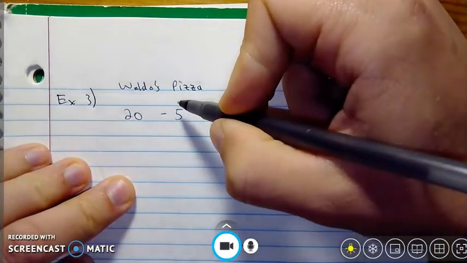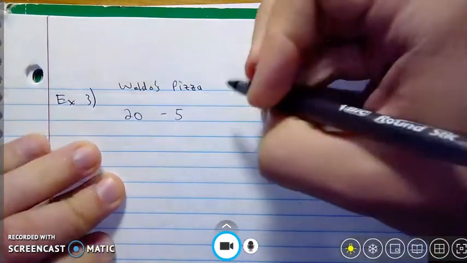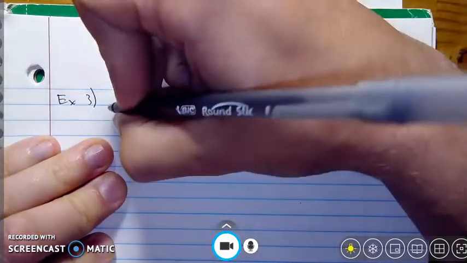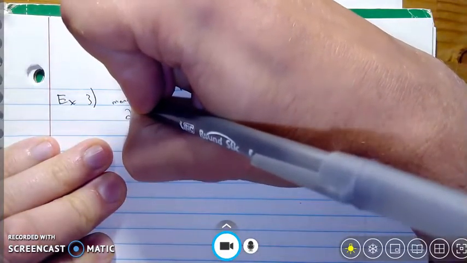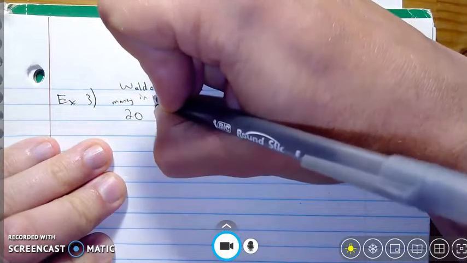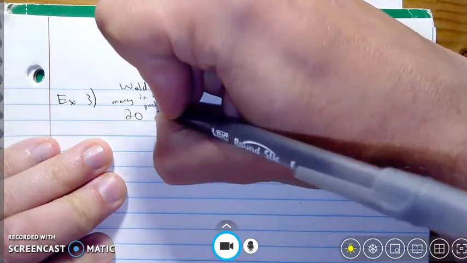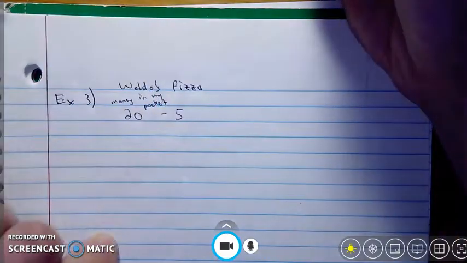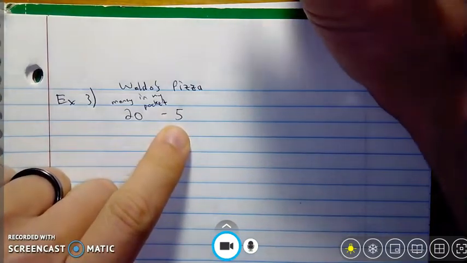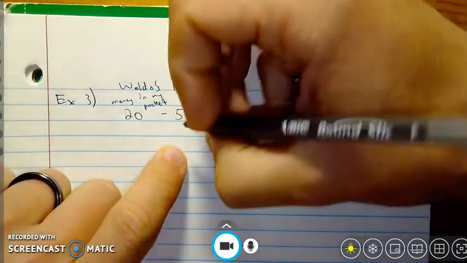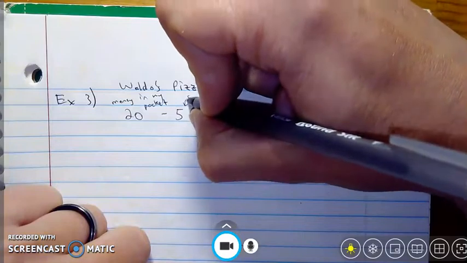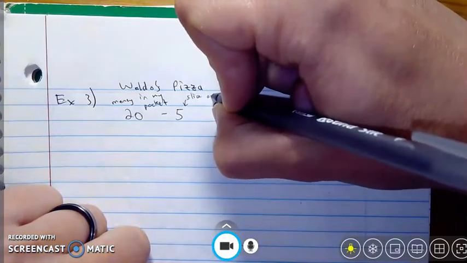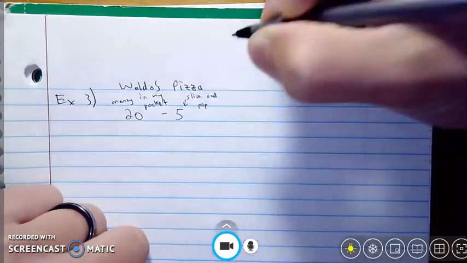Again, leave a little bit of space so that we can title these. So 20, that's the money in my pocket. So I'm going in there with a $20 bill. $5 is how much it's going to cost for a slice and a pop. So 5 is for the slice and pop.